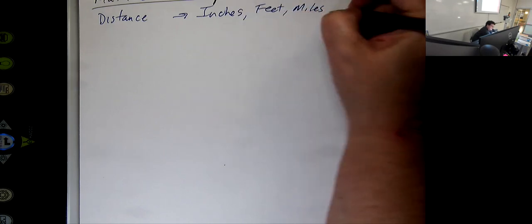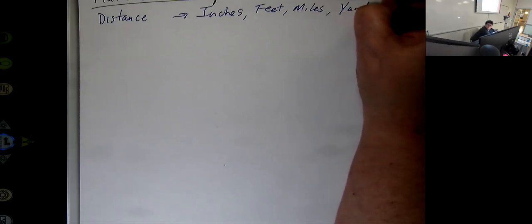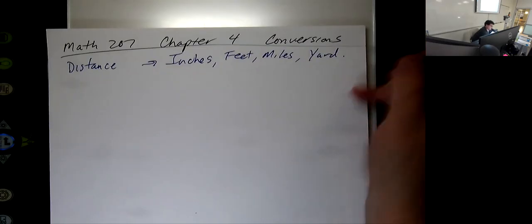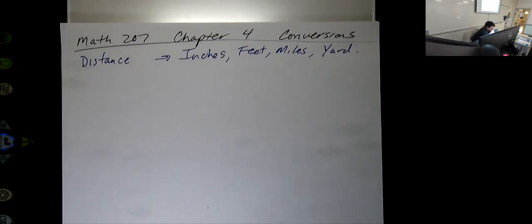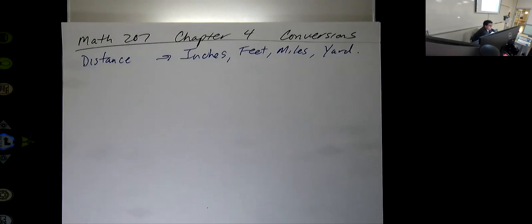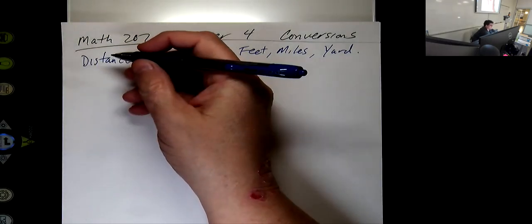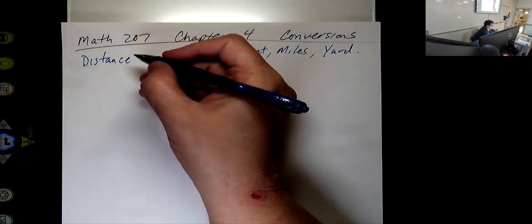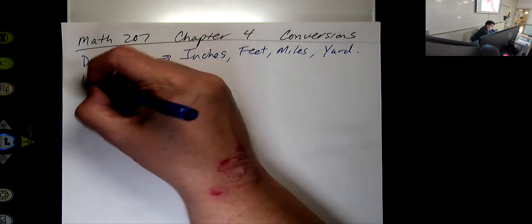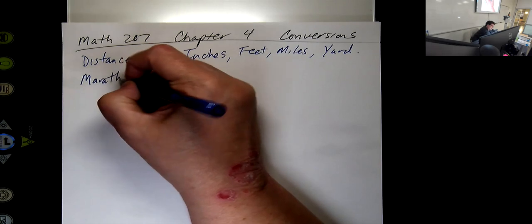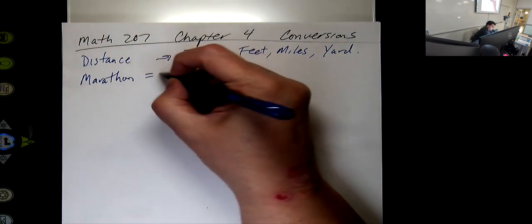We also have something called the yard. And let's say I start off with, how long is a marathon? I think a marathon is 26.2 miles. I'm making this up if I'm wrong. Marathon, 26.2 miles.